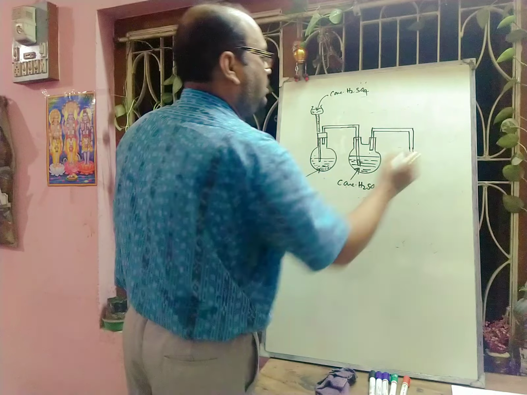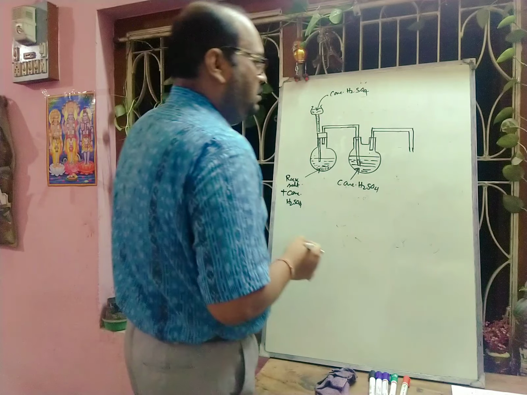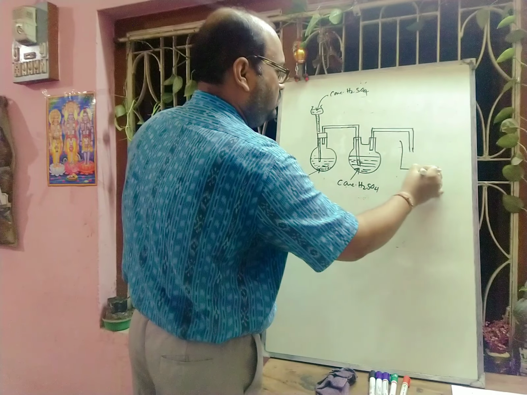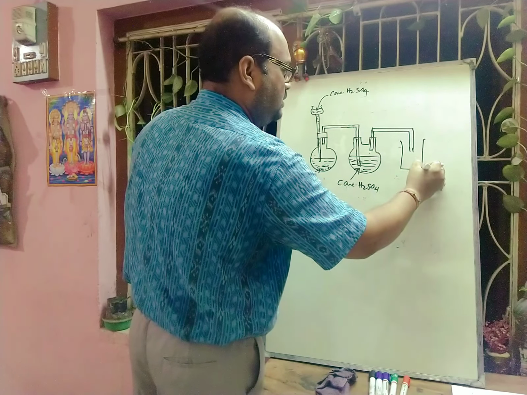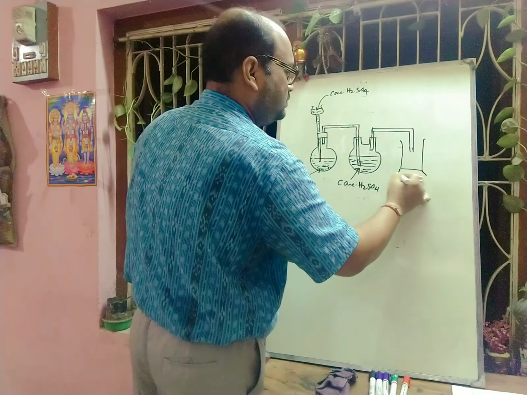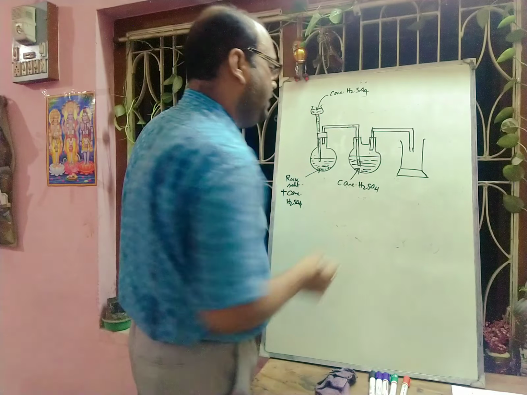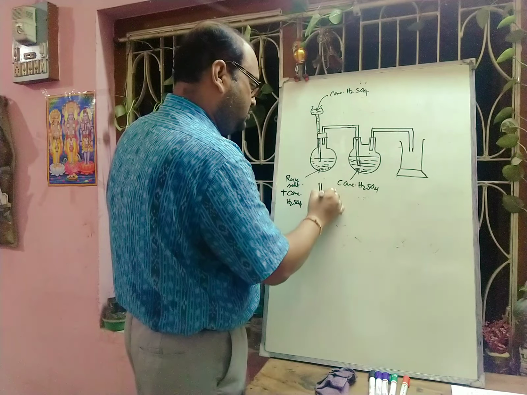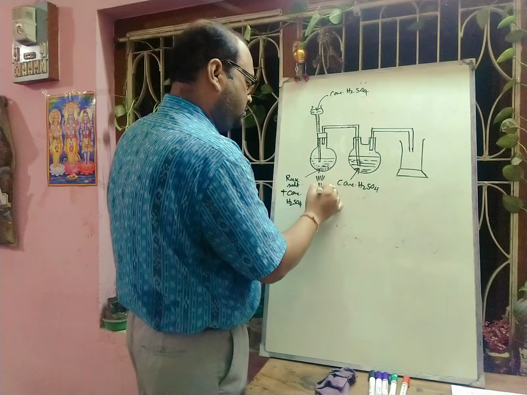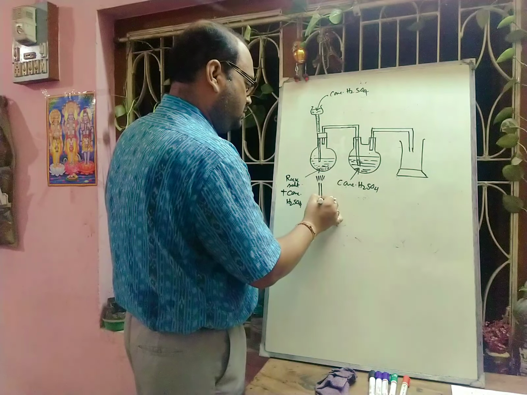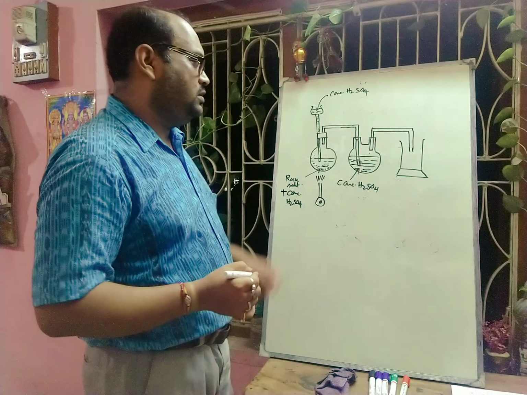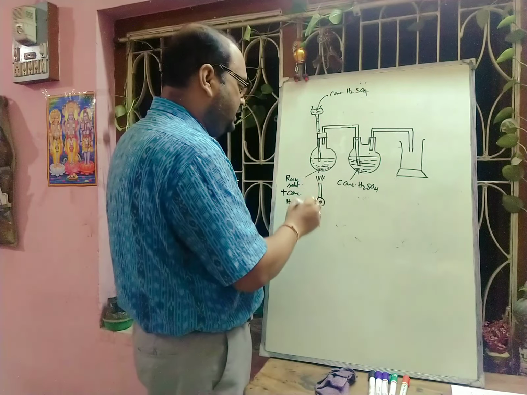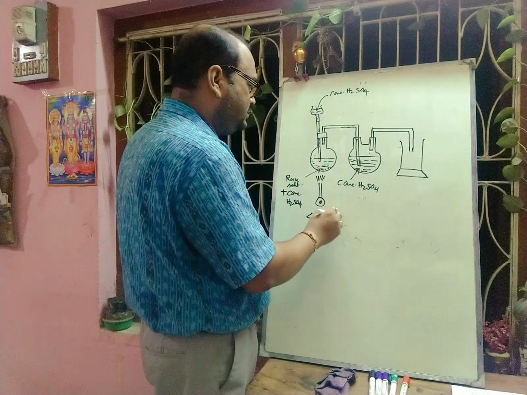And the end of this tube, that is the delivery tube, will enter into a cylinder and is open to air. Now here one burner is required to apply heat, and heat should be controlled. Generally it is done at less than 200 degrees centigrade.